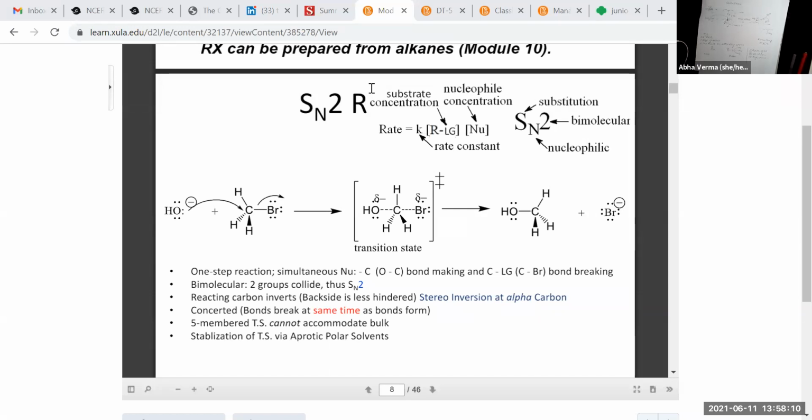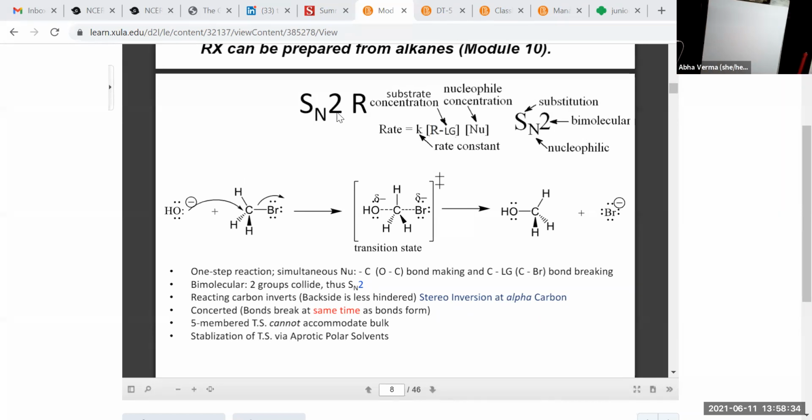So before we start with our SN2 mechanism, I want to remind you that acid-base reactions, which we have started looking at in Module 3, are still the most common reactions that you will see. So if a protonation or a deprotonation can occur, it will occur over the rest of the reactions.